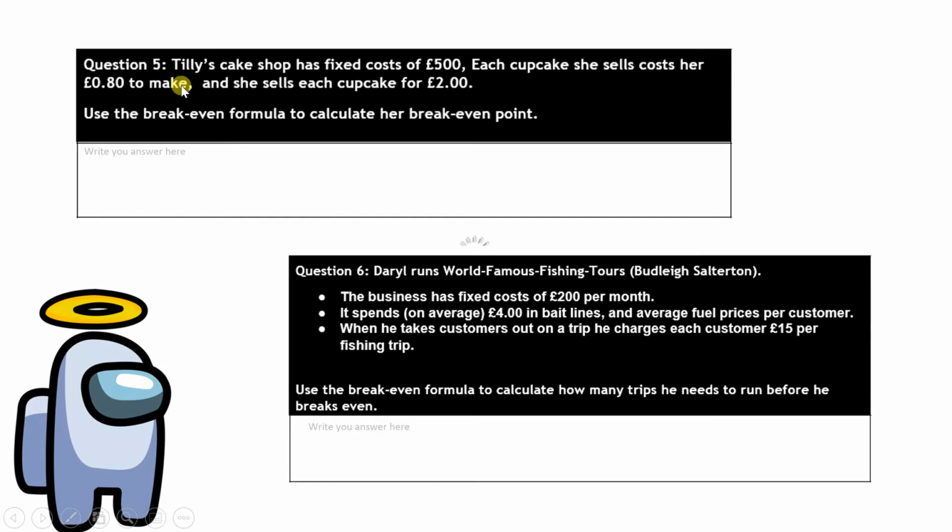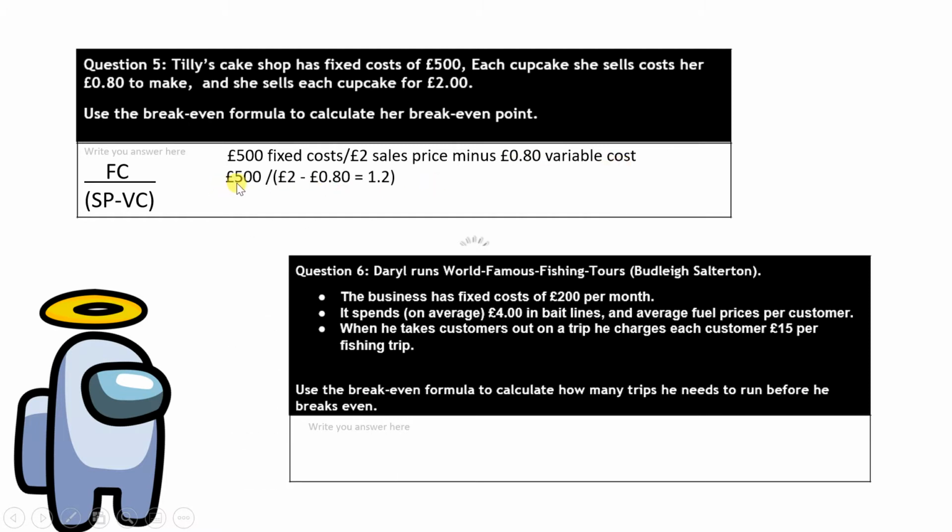Question 5. Tilly and the cake shop. Let's remind ourselves of the break-even formula. Here it is. So that gives us £500 fixed cost divided by £2 sales price minus 80p variable cost. Let's break that down even more. So we've got the £500 divided by £2 minus 80p, so that's 1.2.